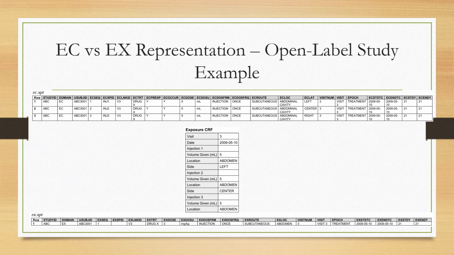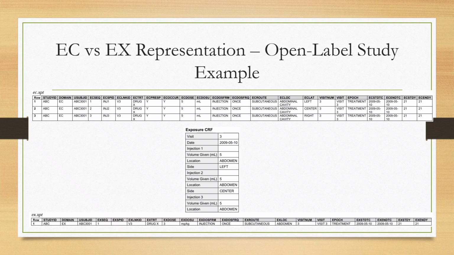Since we have given the drug in injection form, the dose form is injection, the frequency is once, route is subcutaneous, location abdomen. And again, you note here that we are not keeping the EC lat information in this case, and we are keeping the rest of the information, the dates and the treatments and visit all together, and we are creating only one record.